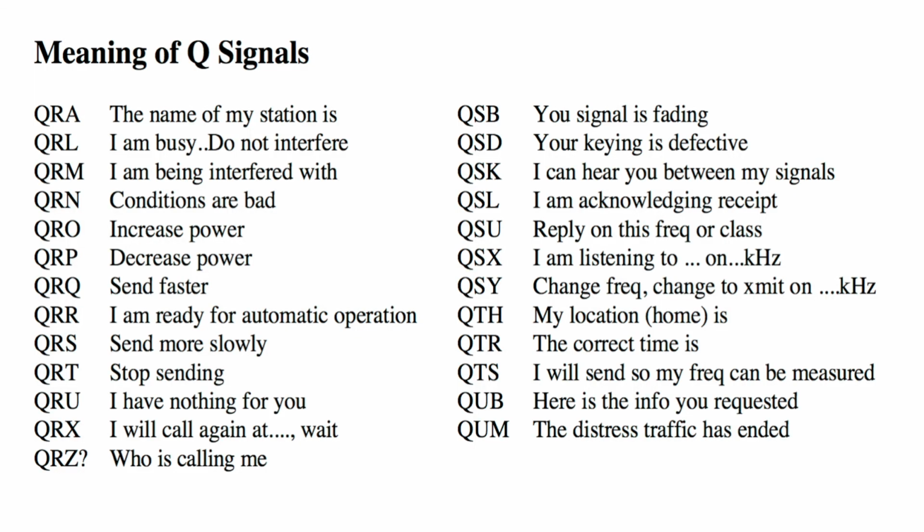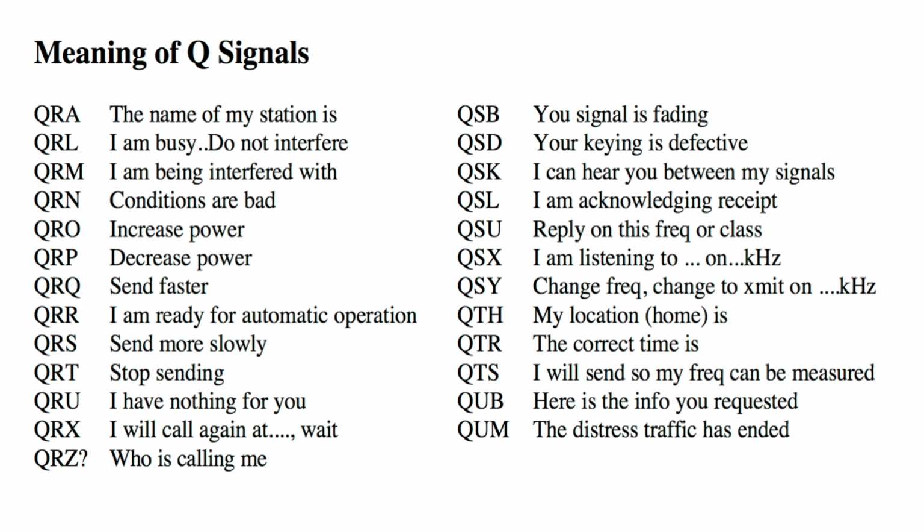Alright, Q signals. This is the world of amateur radio. These are the words that we say when you are on the air. One of the most popular ones is QSL. I'm acknowledging receipt, QSL. QTS, I will send my frequency. QTH, my home.